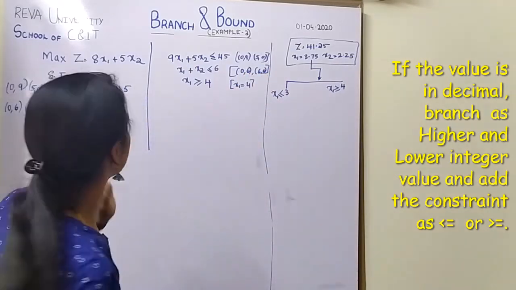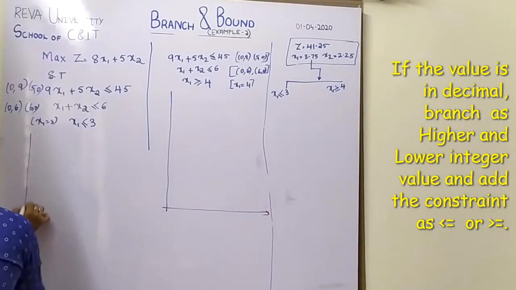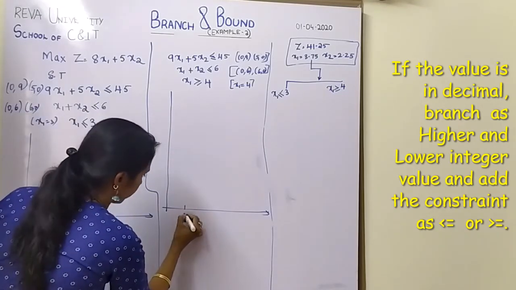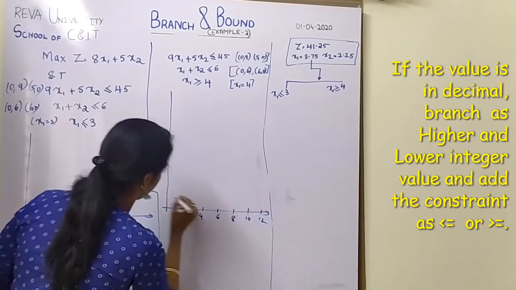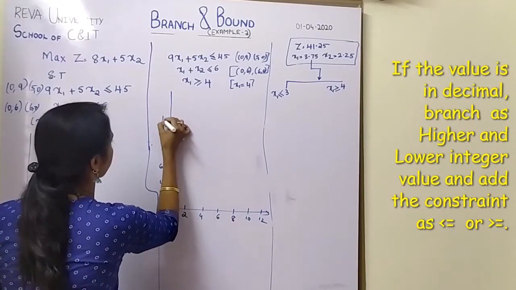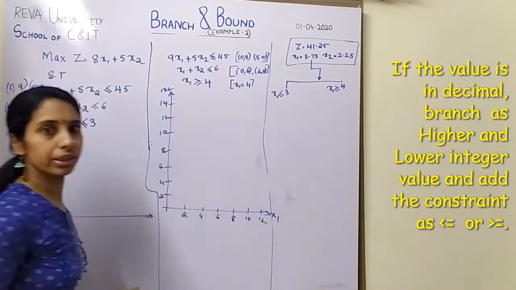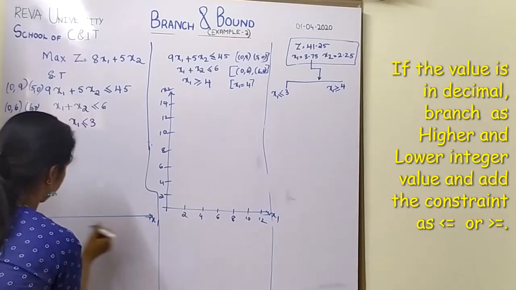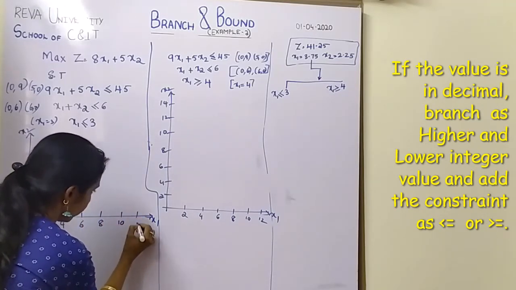Now we will draw the graph. So draw the graph here. 2, 4, 6, 8, 10, 12, and 2, 4, 6, 8, 10, 14. This is our x2, this is our x1.